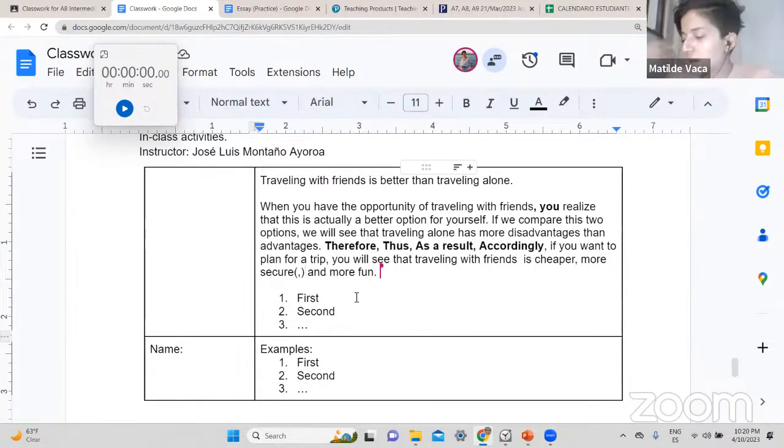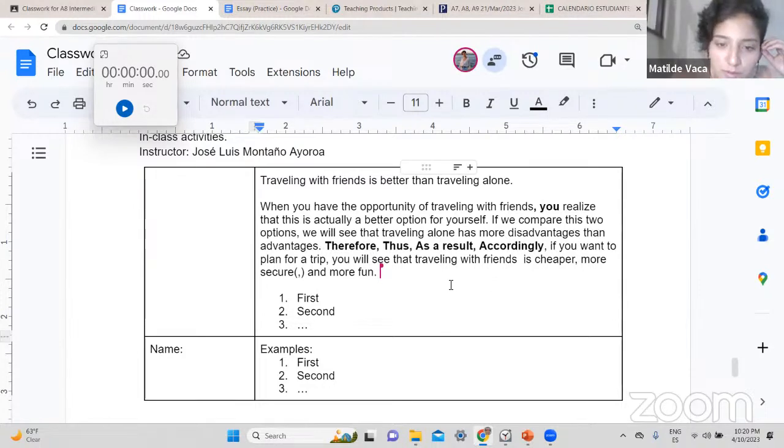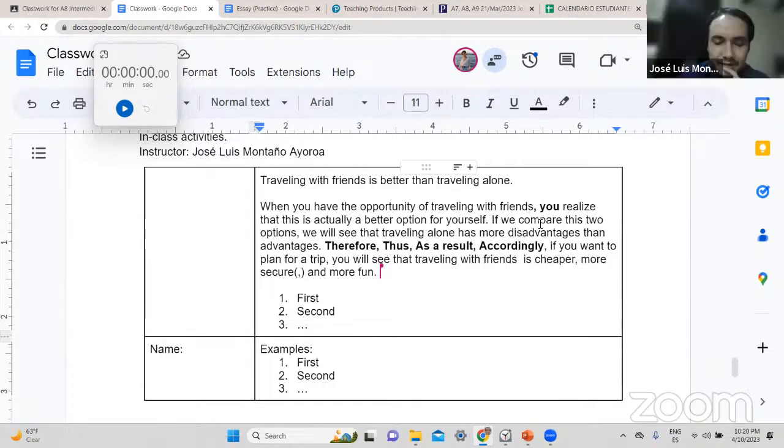Actually, I just had one thing in mind while I was writing it. In this part, if we compare these two options, should it be "these" or "this"? In the second and third line, after the dot.